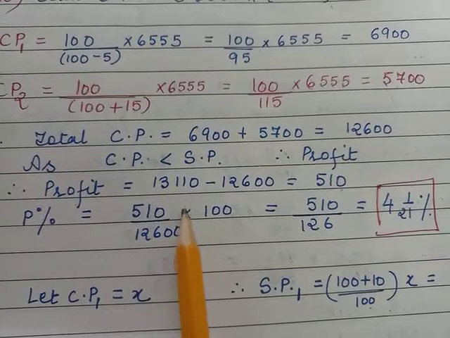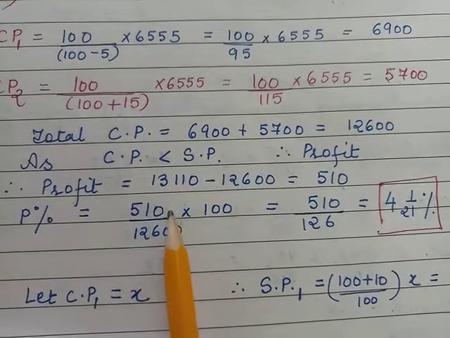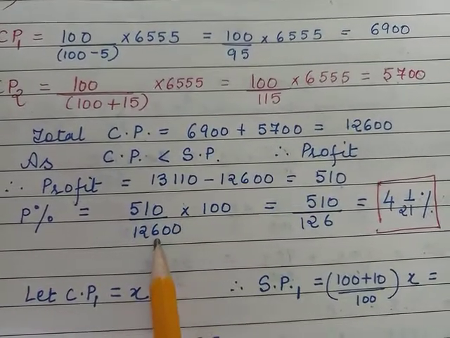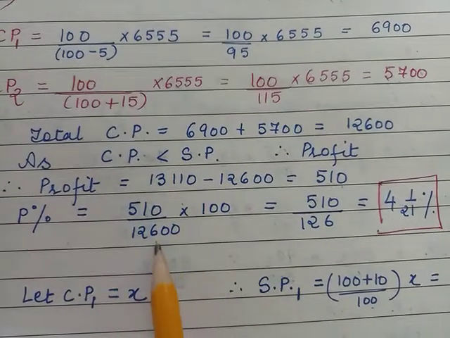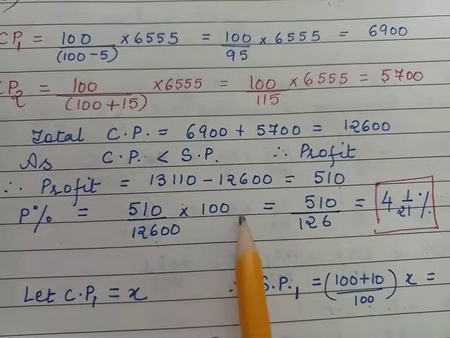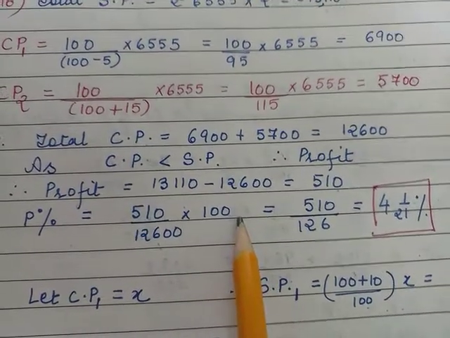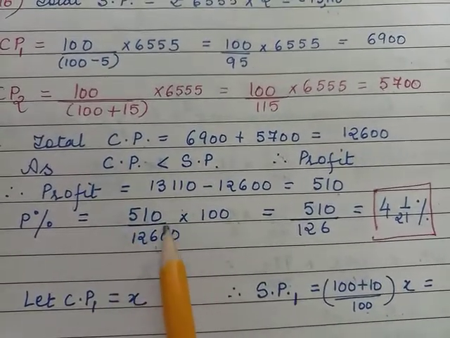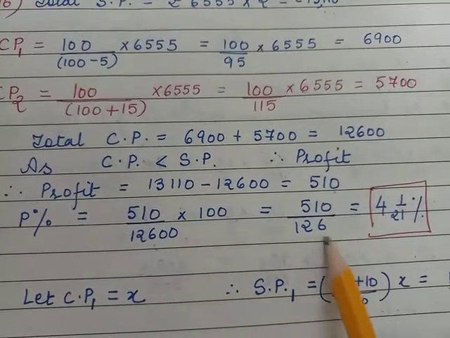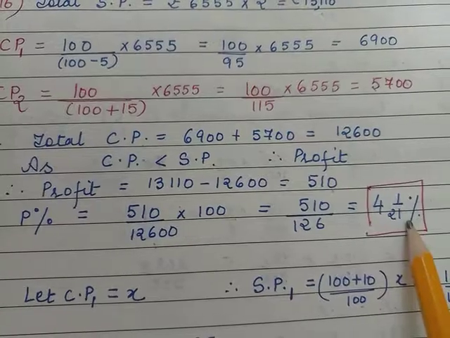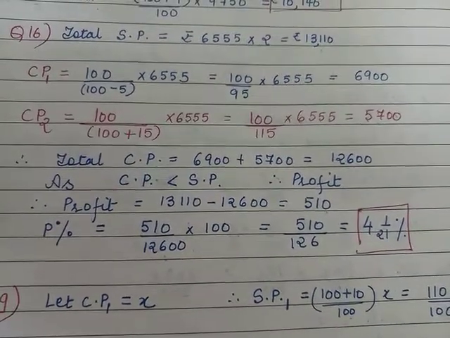Whenever we convert into a percentage, you always write cost price in the denominator, so that becomes 510 upon 12,600 into 100. We are calculating for the whole transaction, so we are writing the total CP. So that becomes 4 whole 1 by 21%.